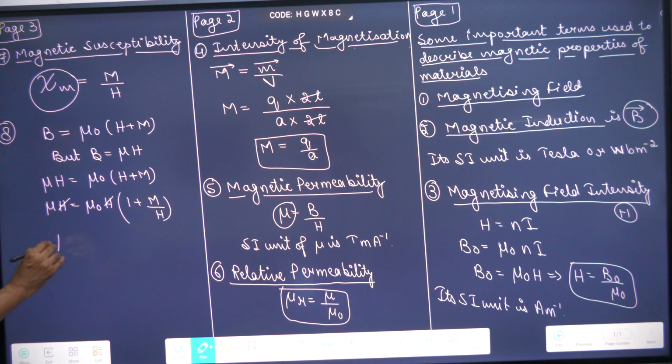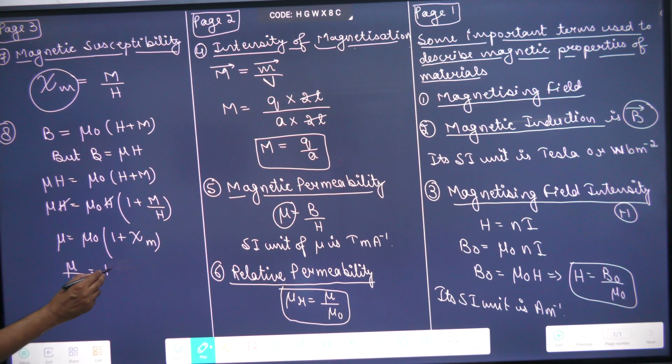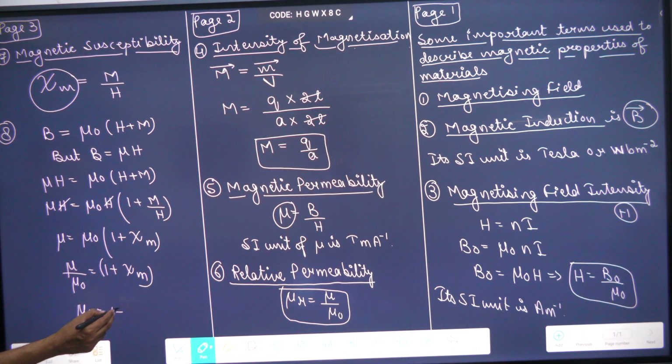So mu is equal to mu naught into 1 plus M upon H, and M upon H is chi M. Taking mu upon mu naught, it becomes 1 plus chi M. Mu upon mu naught is mu R, the relative permeability. So mu R is equal to 1 plus chi M.